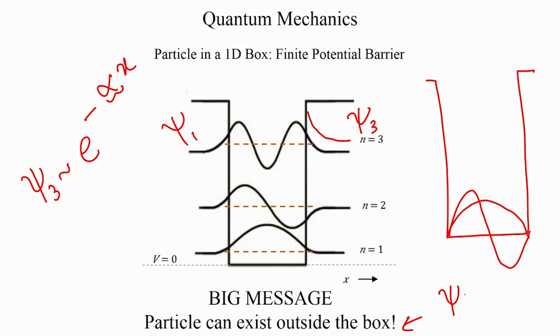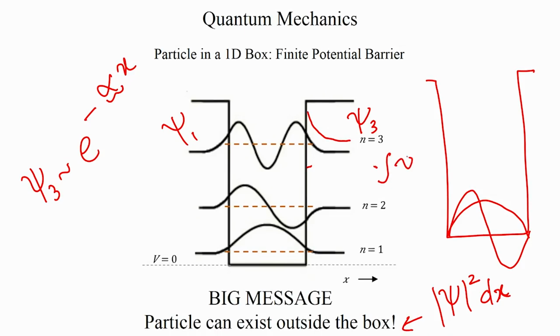So if you remember, psi square is indicative of the probability density function of finding the particle in any given region. So psi square dx is the probability of finding the particle between x and x plus dx.